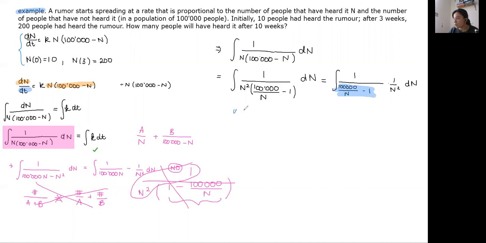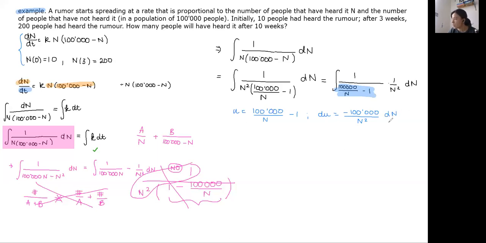u is equal to 100,000 over n minus 1, which means that du is going to be equal to the derivative of 100,000 over n, which is minus 100,000 over n squared with respect to n.